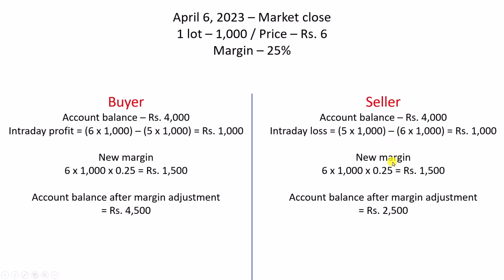Now where will this margin money go? It will not go anywhere. It will be blocked in your account. That's all. So whenever you square off or close the trade, this will be given back to you. Now think of this as the security deposit that you pay at various places. You pay some amount at banks too, correct?